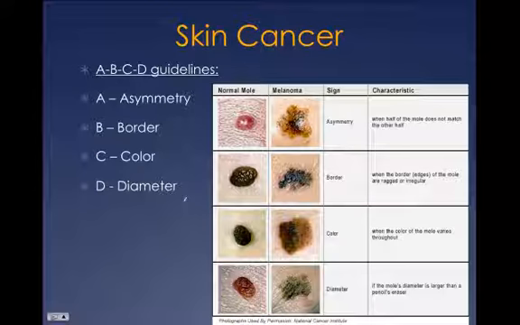The last couple slides here are just some slides that go along with skin that are more talking about disease states. So of course, one of the big diseases that we are concerned with today is skin cancer.